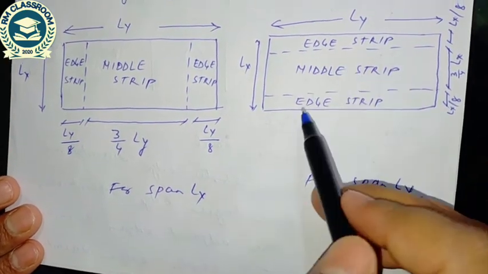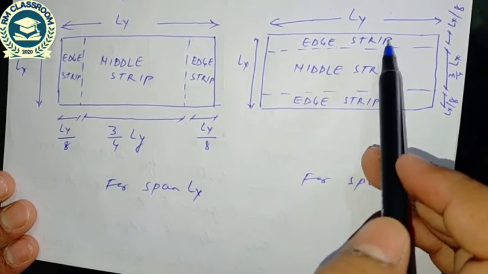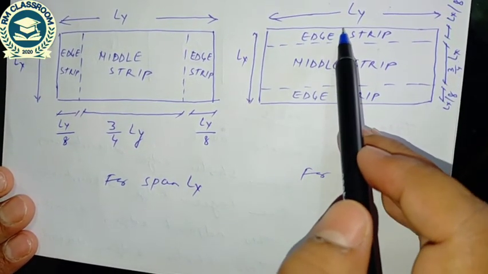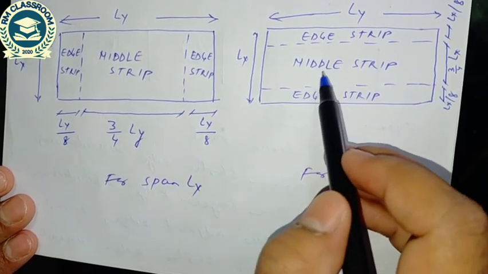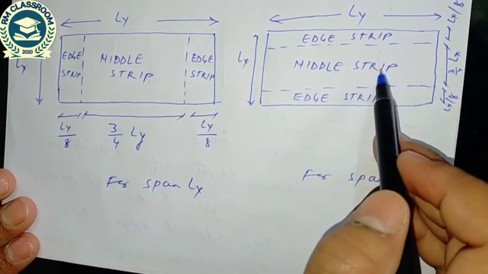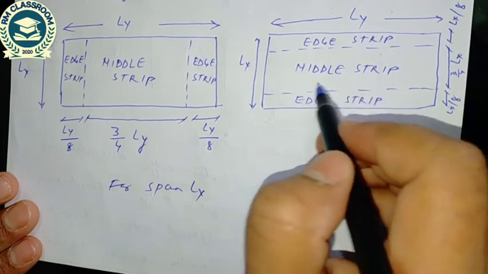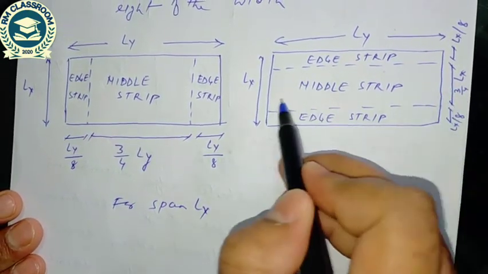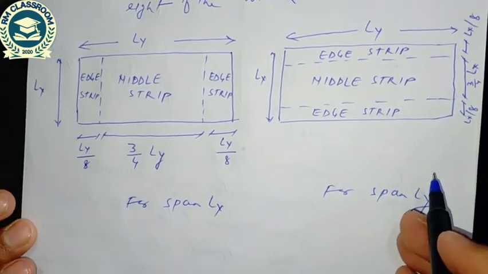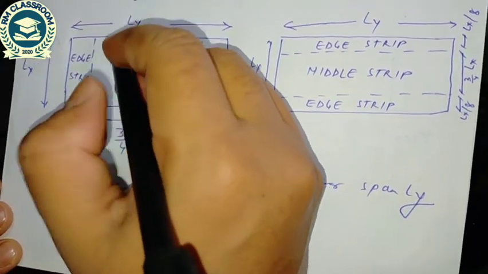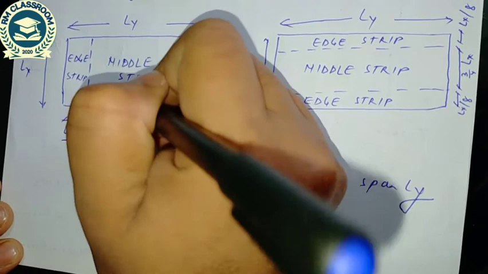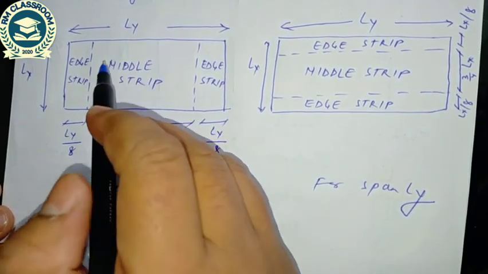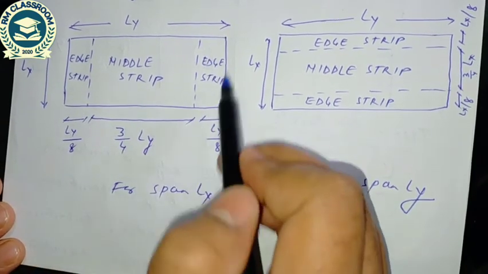So what is edge strip and middle strip? In edge strip, I will provide minimum reinforcement, and the larger diameters or main reinforcement is provided in the middle strip. The reinforcement for span Ly is provided in this direction, and for span Lx, reinforcement is provided in this direction, and the main reinforcement is provided in the middle strip, and the minimum reinforcement is provided in edge strip.